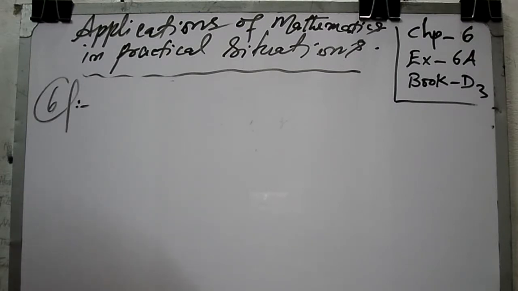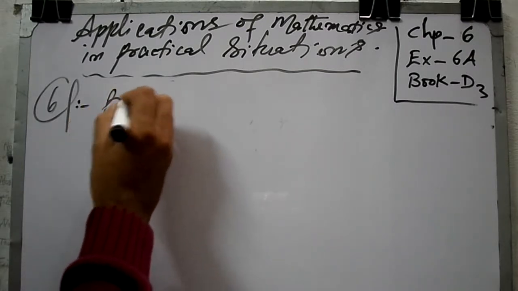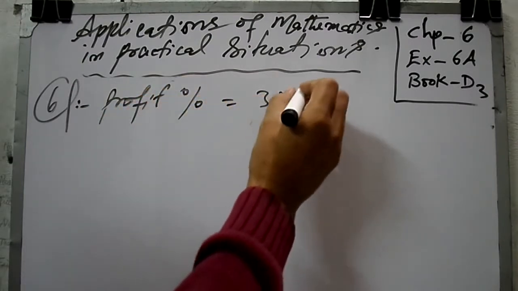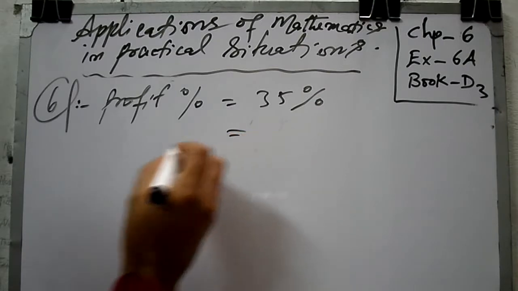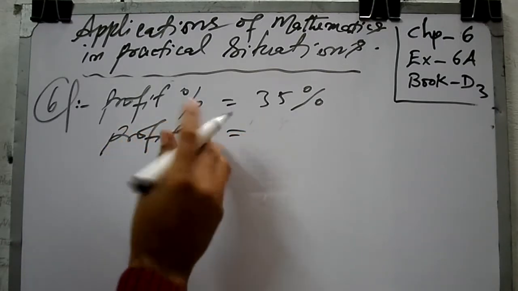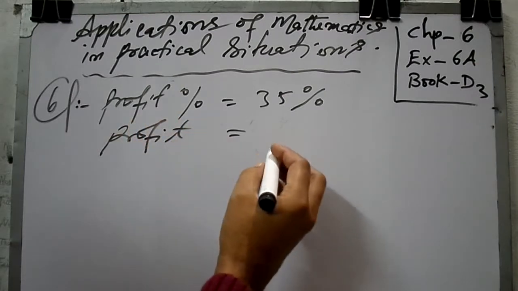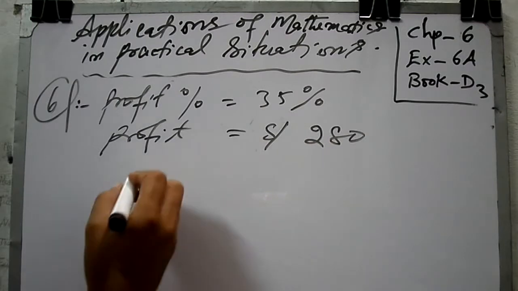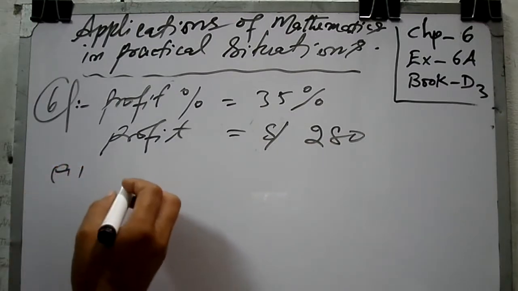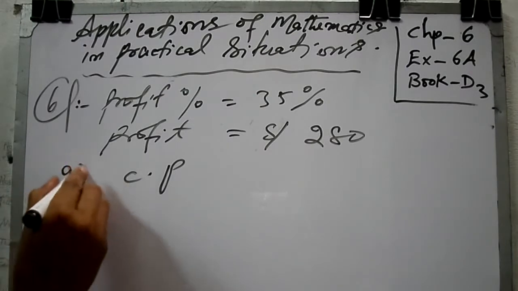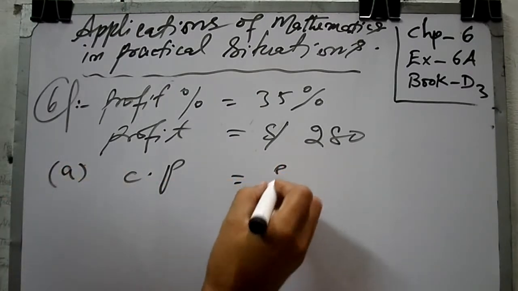Question number 6, you can see profit percentage is equal to 35%. So only profit is, that is $280. In A part we have to find the cost price.